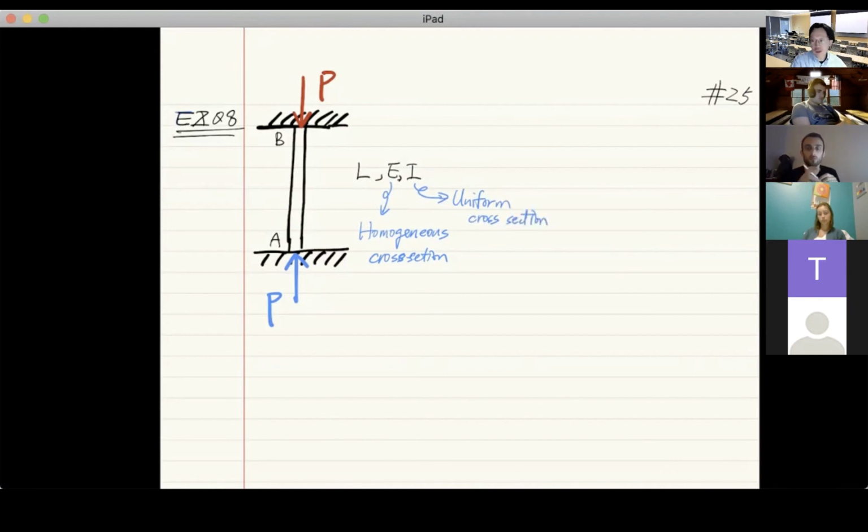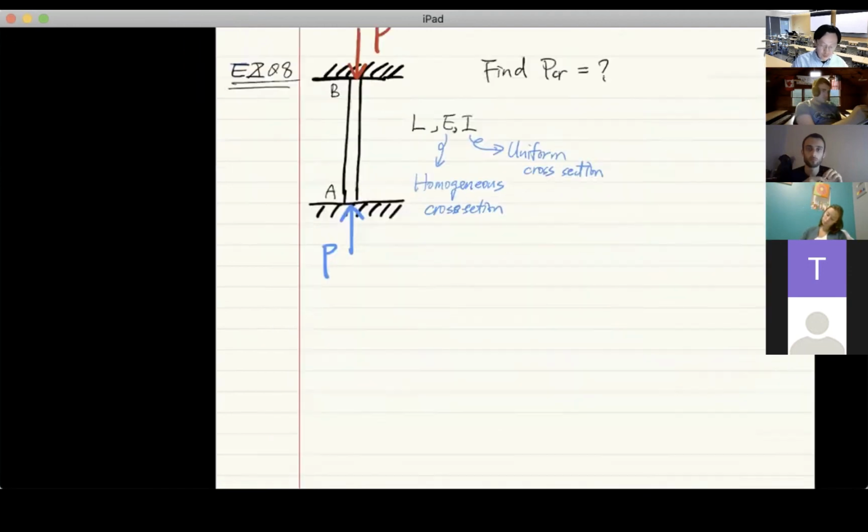So one is for material, the other for geometry. And the capital L is, as you know, the total length. Our objective is always to find the critical load of this problem.